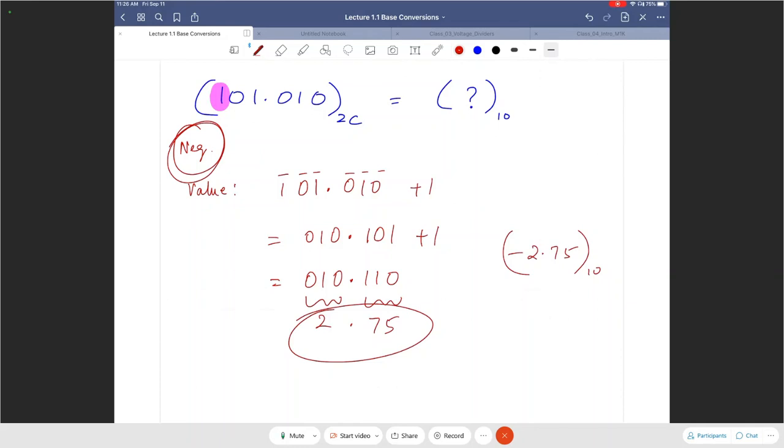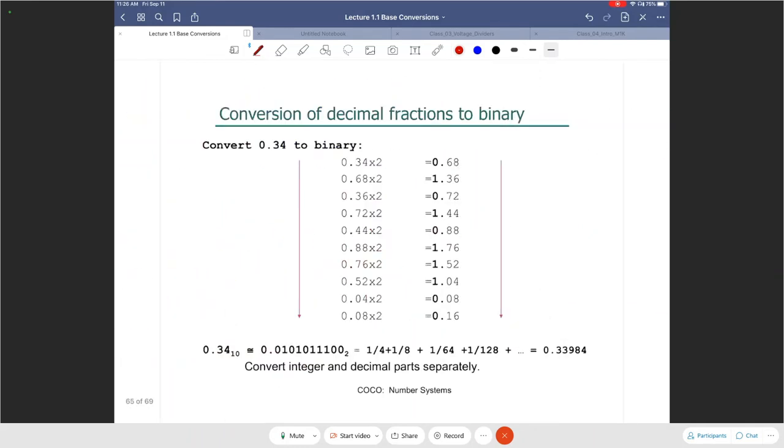All right. When we are dealing with fractions, there is a very good possibility that you might not be able to represent the number exactly with the given number of bits. Consider this example. When you're trying to convert 0.34 to binary, what do you do?